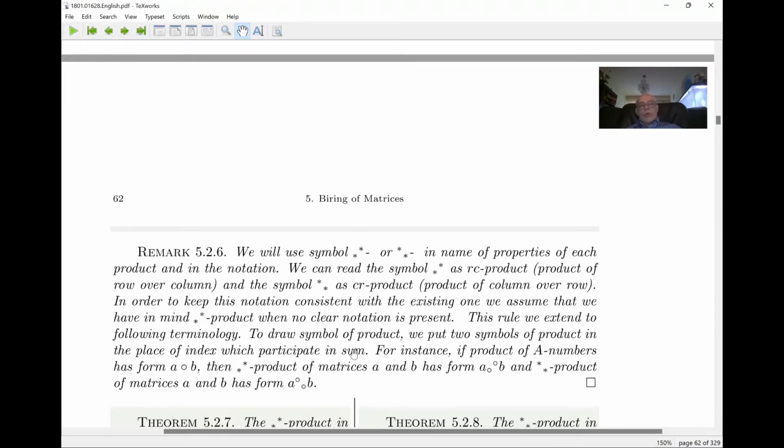To draw the symbol of product, we put two symbols of product in the place of the index which participates in the sum. For instance, if the product of numbers has the form A circle B, then the RC product of matrices A and B has the form A circle B.